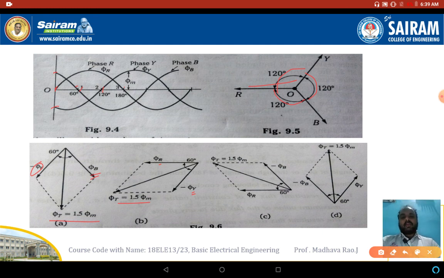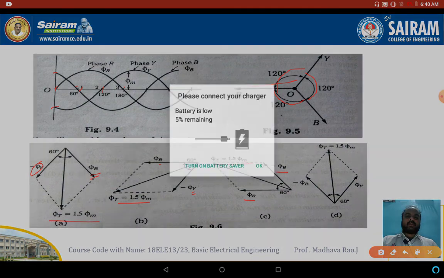Similarly, when the angle is equal to 120 degrees, phi Y is 0, phi R is positive, phi B is negative, and the resultant flux is the same, 1.5 into phi m. Similarly for 180 degrees, phi R is 0, phi Y is positive, phi B is negative.